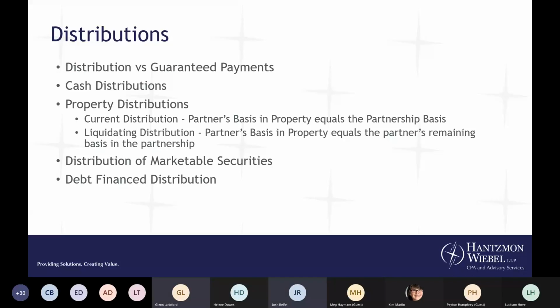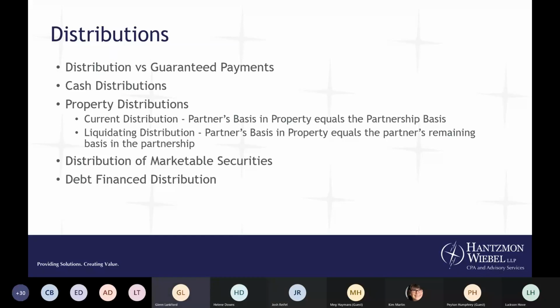Does that answer your question, Helene? Yeah, I guess, yes, it does. But are there any other assets that would be treated that way besides marketable securities? Where you write them up to market value when they're distributed? Right. Oh. Okay, thank you.